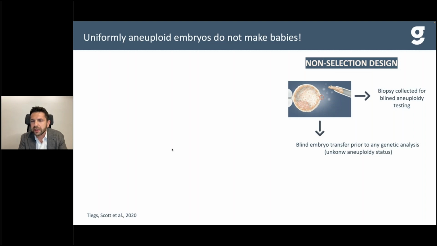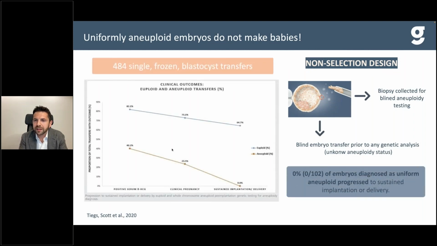The typical design of a non-selection trial is that you take the biopsy, you save it for later analysis, and you transfer the embryo without any information about its genetic constitution, so it's in an unknown aneuploidy status. After you have observed the clinical outcomes, then you can analyze the saved biopsy sample and derive the positive and negative predictive values of an aneuploidy diagnosis.